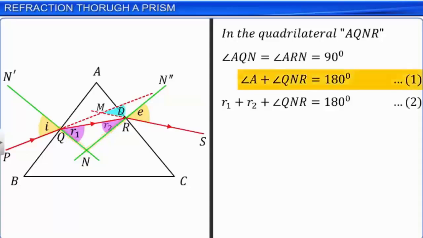In the triangle MQR, angle MQR is equal to I minus R1 and angle MRQ is equal to E minus R2.